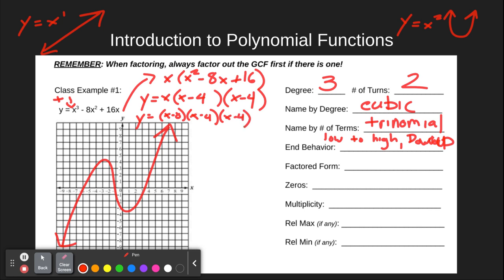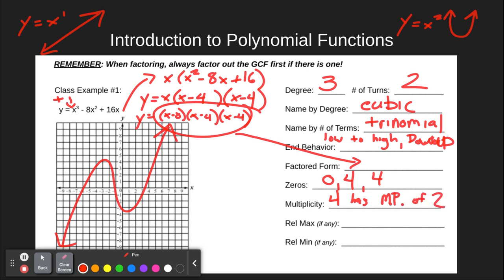Well, this is our factored form right there. What are our zeros? Our zeros are 0 and 4 twice. So our multiplicity, you would say 4 has multiplicity, I'm going to abbreviate, of 2. That just means 4 is an answer twice.